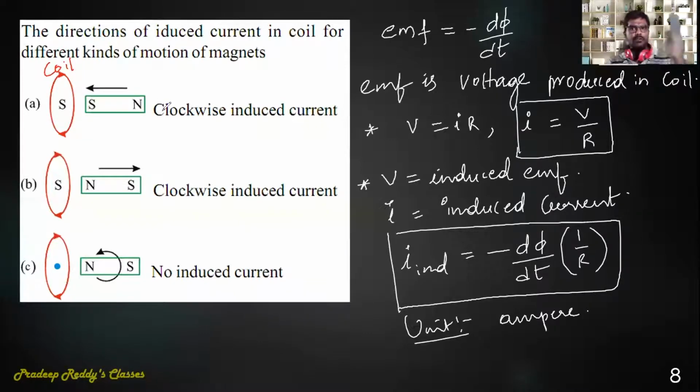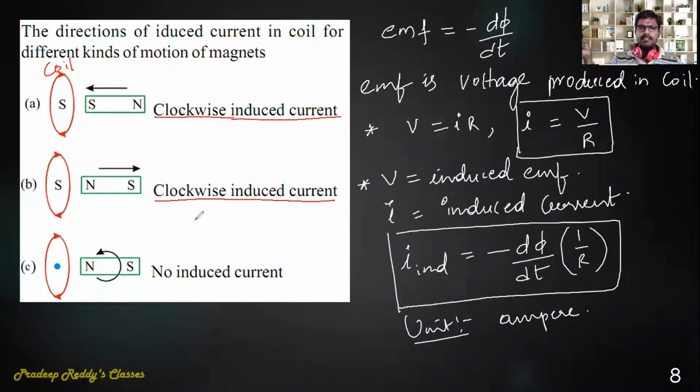When you are bringing the south pole closer to the coil, the induced current is in clockwise direction. Likewise, when you are taking the north pole outside, the induced current is also developed in clockwise direction. See here, south brought closer and south moving away.